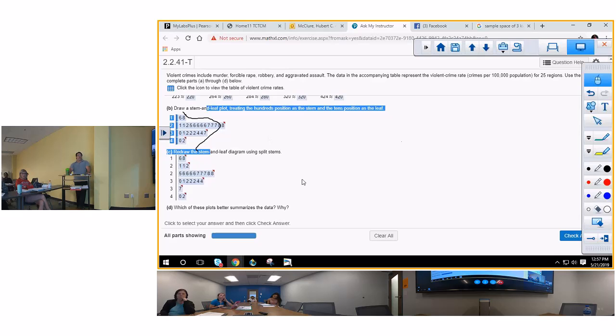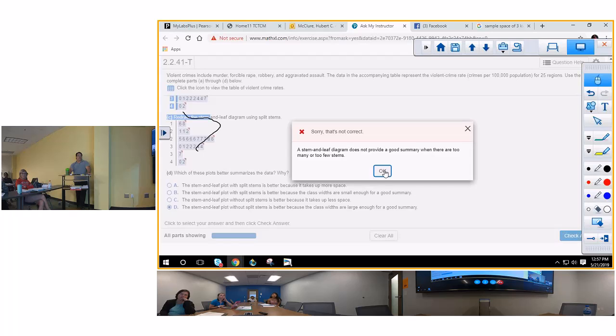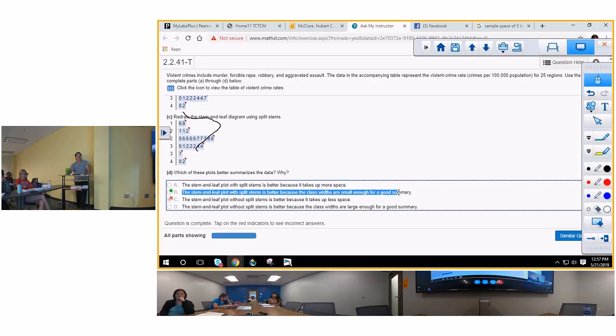So I would probably say without. Like I say, I'm just a math teacher. So that means, let's try C. No, it's B. See, I disagree with that, because the class width is small enough for a good summary. Just remember that, because that's what they're going to be asking for.